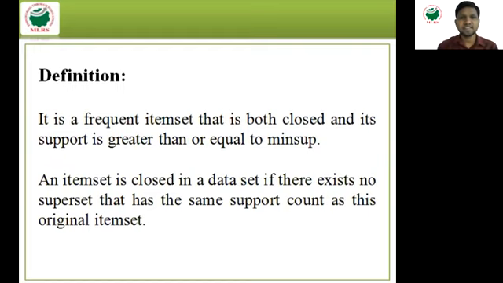As I discussed earlier in the FP growth and Apriori algorithms, we found frequent item sets by using the minimum support count. In the closed frequent item set, first we have to find the closed items from the data set.